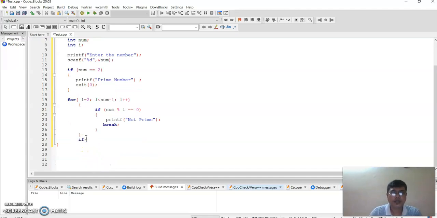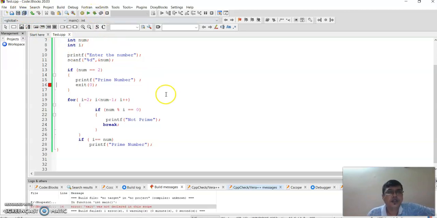And then I write if i equal to num, then printf prime number. So let me save it and execute.